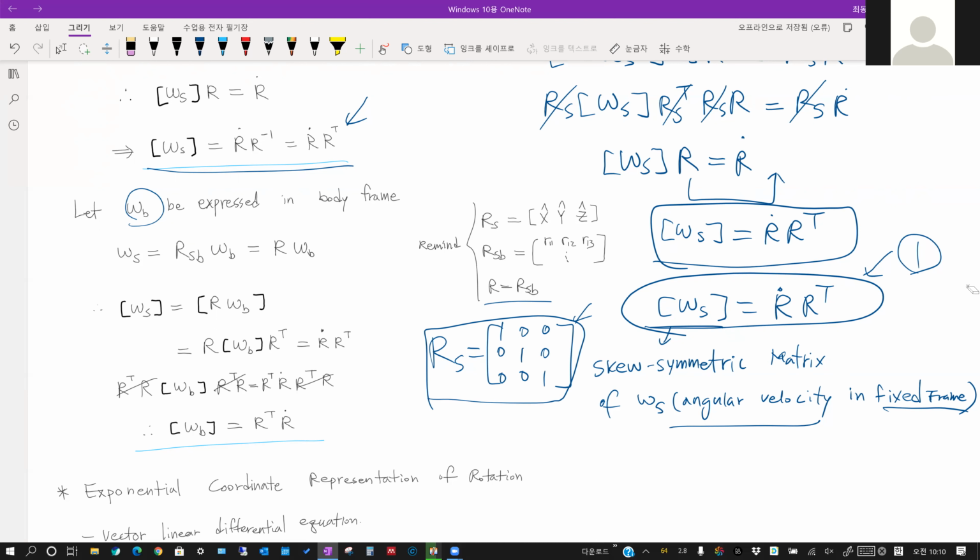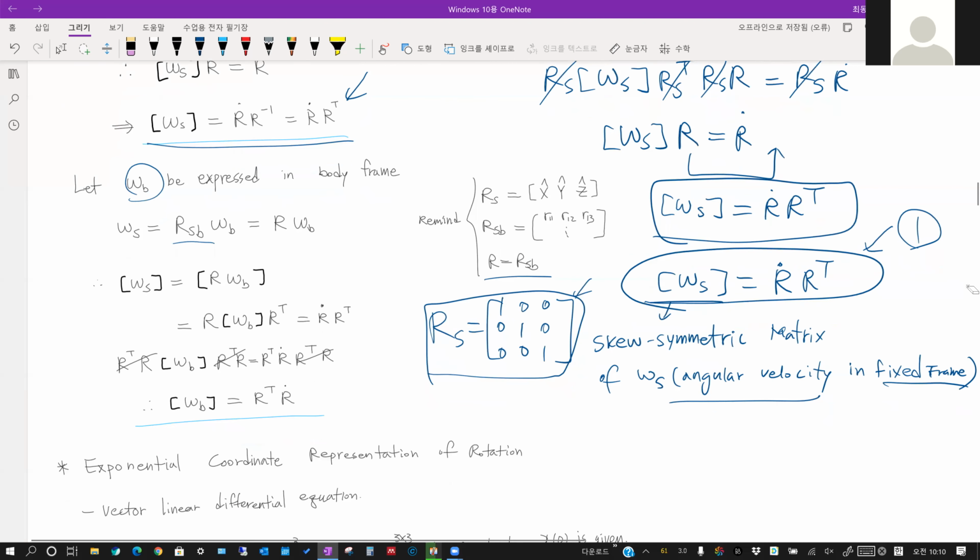We ignored the S index for a simpler expression, so we just erased the S index in here. So R_S equals R.